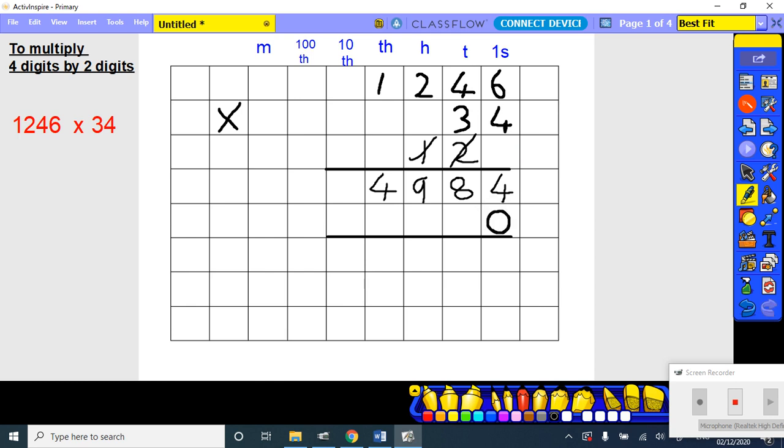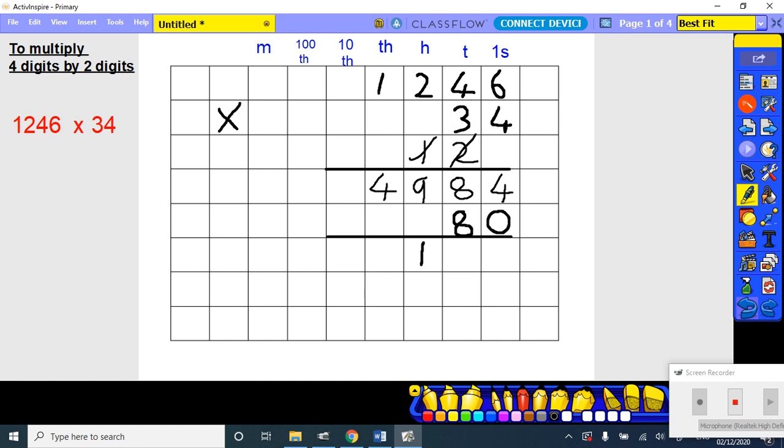So we need to do 30 times 6, or 3 times 6. Now 3 times 6 is 18. So my 8, as discussed, will go into the tens column, and the 1 goes here, as that was 100. We've done 30 times the 6.